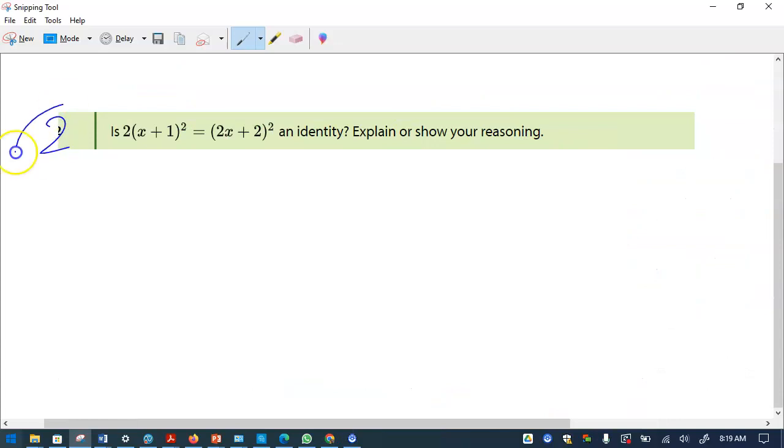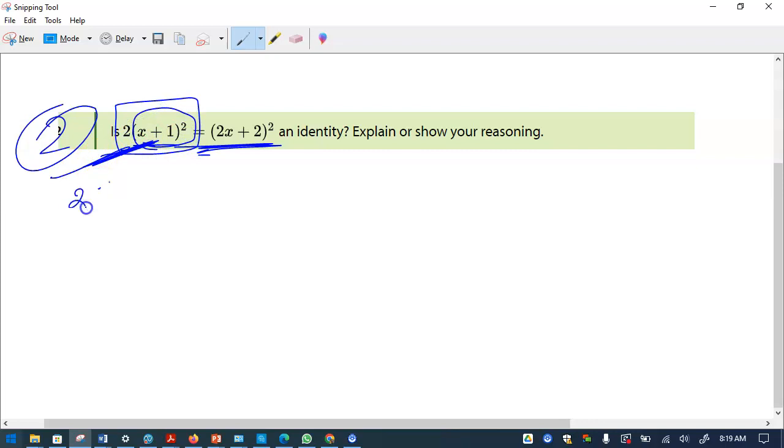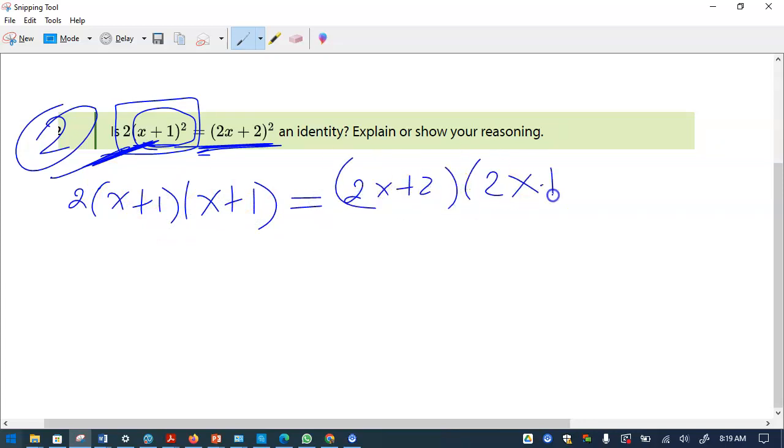Okay, question number 2 says, is this correct? All you do is use the distributive property. What does this basically mean? We need to know what this is first. There is a 2 in front, so it means 2 of x plus 1 times x plus 1. And the right side is 2x plus 2 times 2x plus 2.